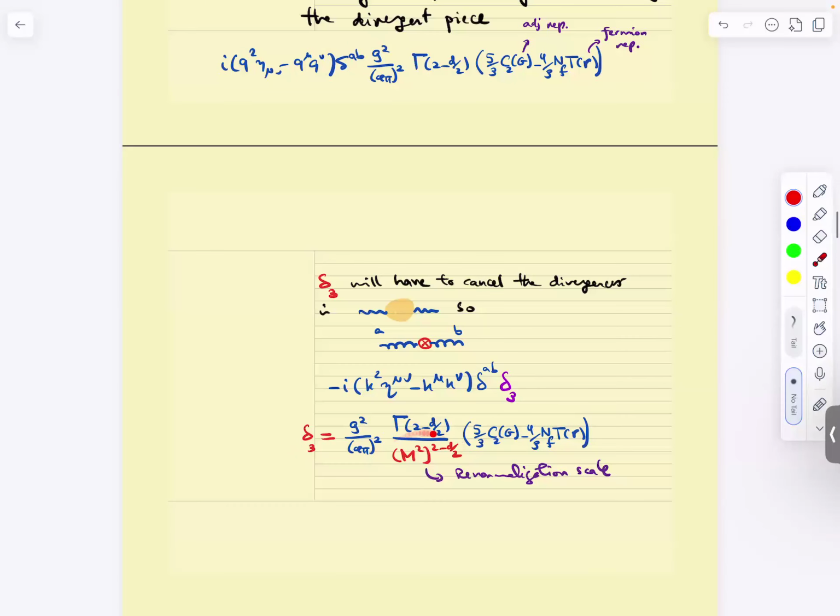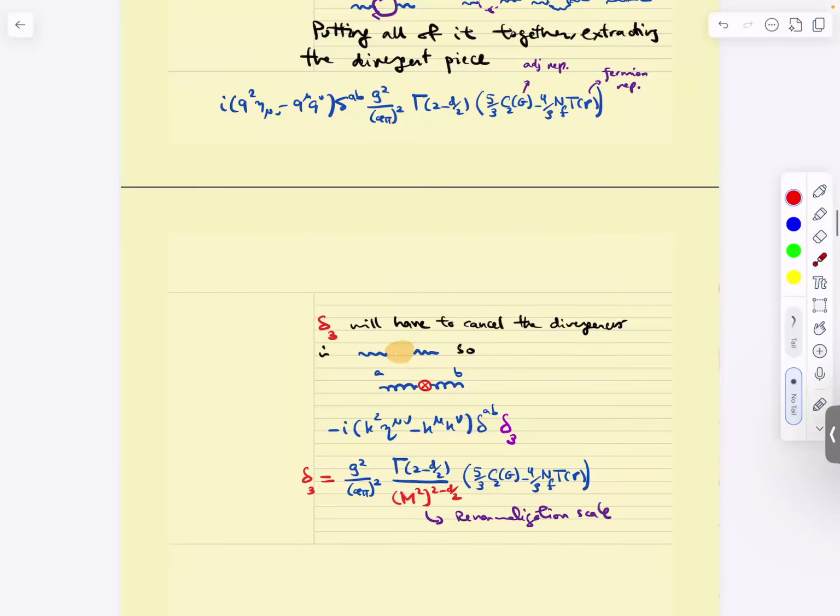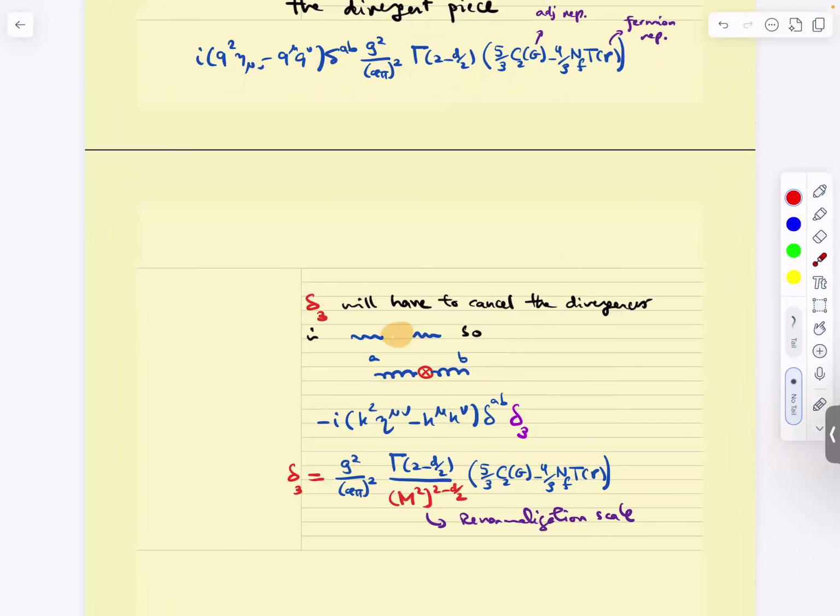So this is the renormalization scale, right? As we saw in the past, because of the renormalization condition, at the scale of interest m squared, we want the one loop correction to the propagator to disappear.